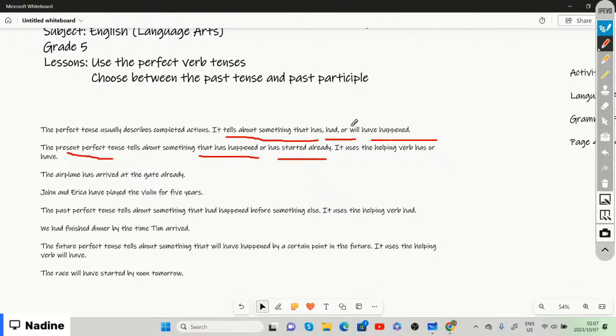The present perfect tense, which is now, tells us about something that has happened or has started already, and it uses the helping verb has or have.